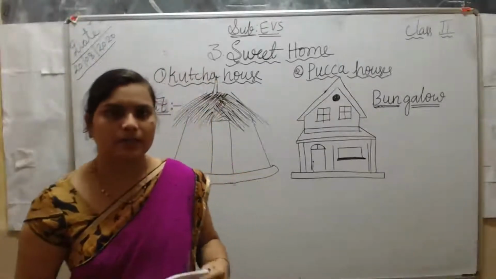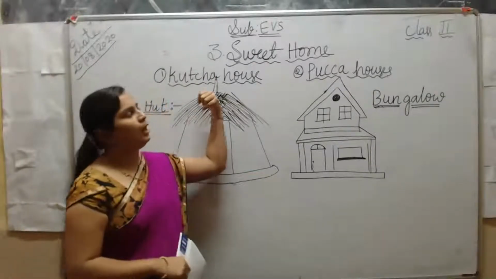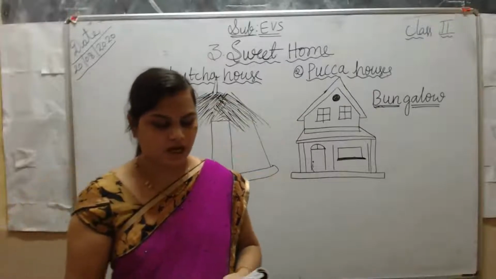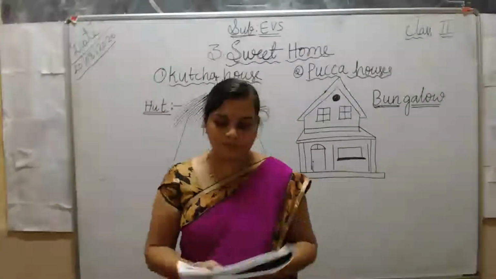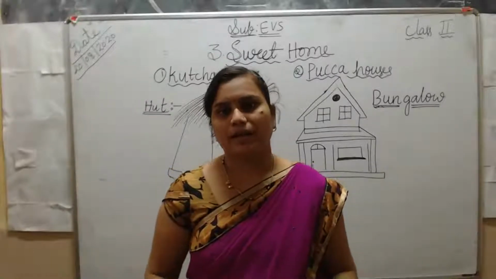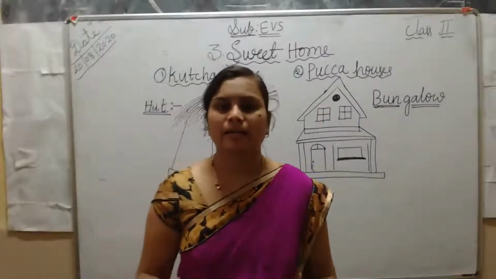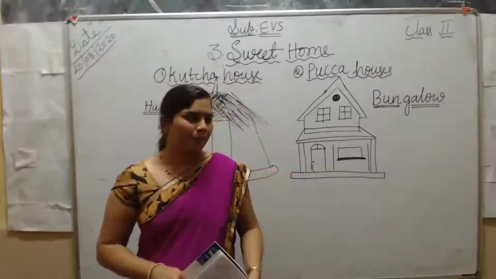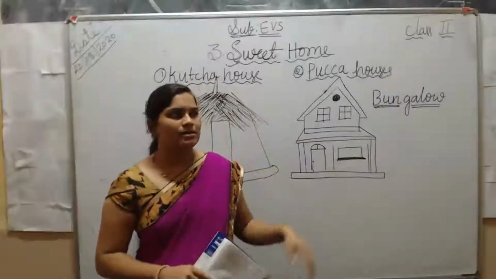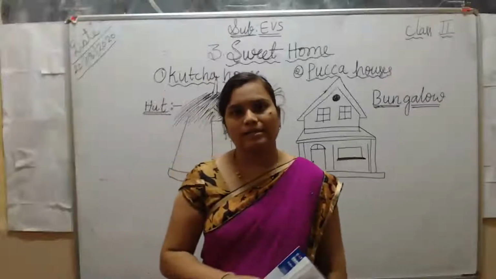Next, two types of houses: Kacha house and Pakka house. Even now, many people live in huts. Nowadays also, we see huts in villages and also in slum areas in big cities. Their huts are made from tins.